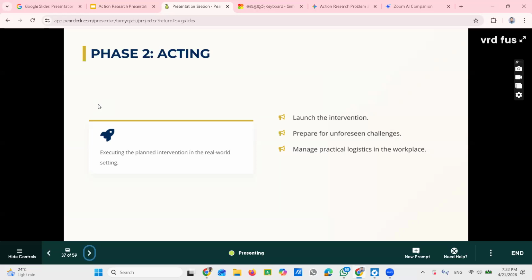Right. In the second step, under acting, you actually do that program. Right. This is the stage where you convert your planning into actual implementation.